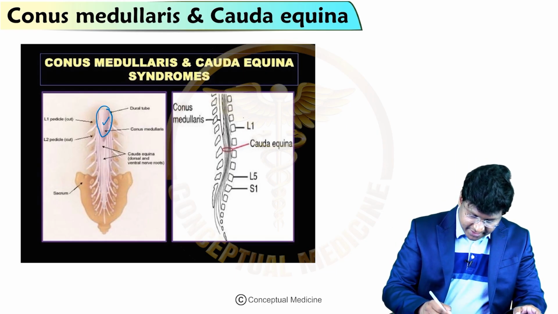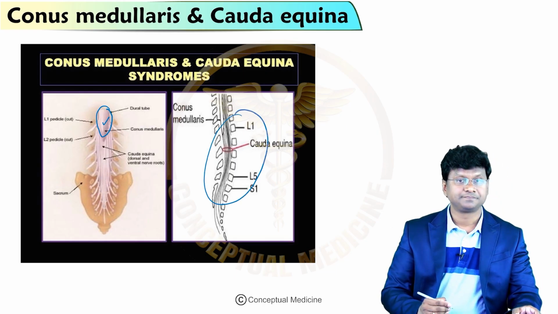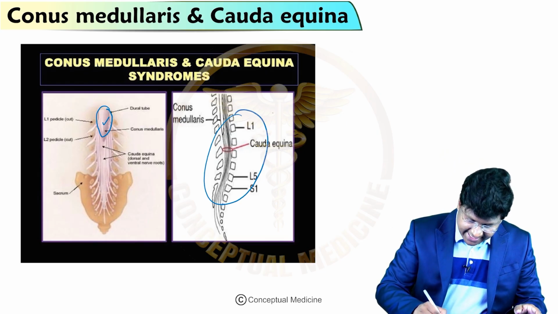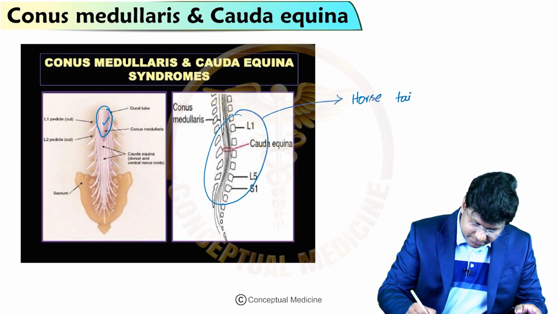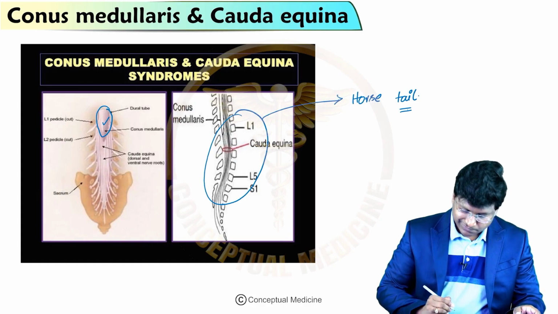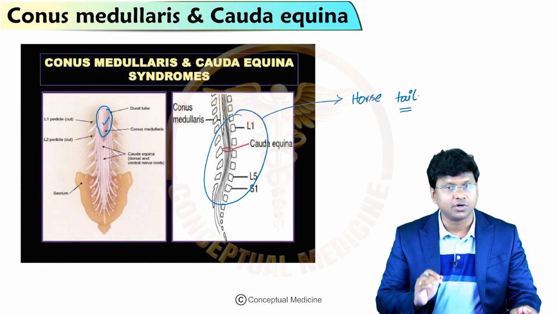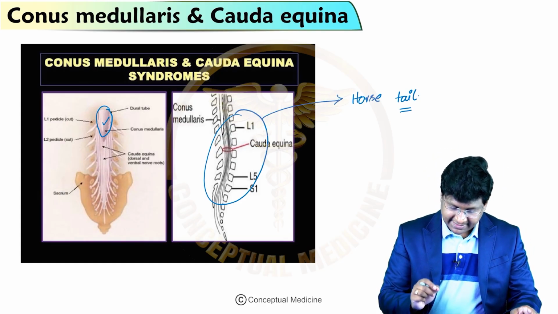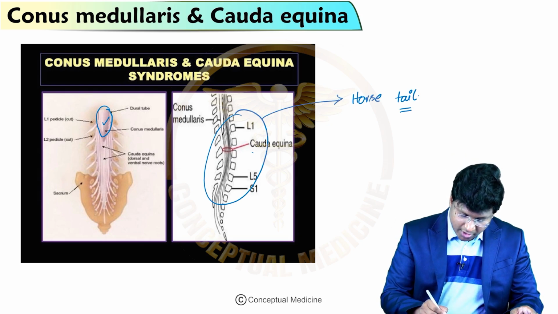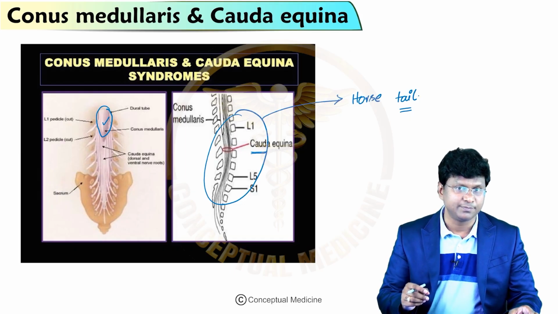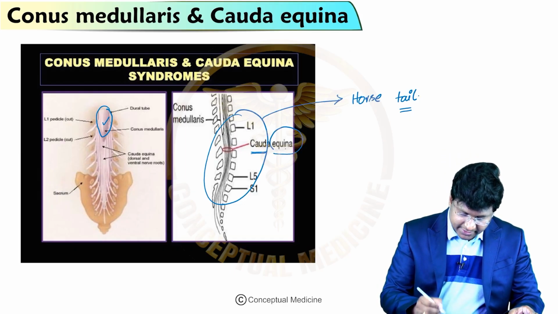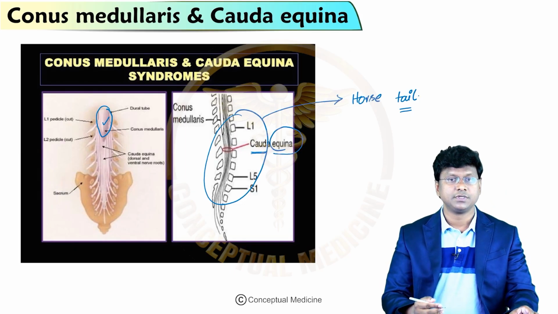This bunch of nerves appears as a horse tail, and that is what is called cauda, meaning tail, equina, meaning horse.